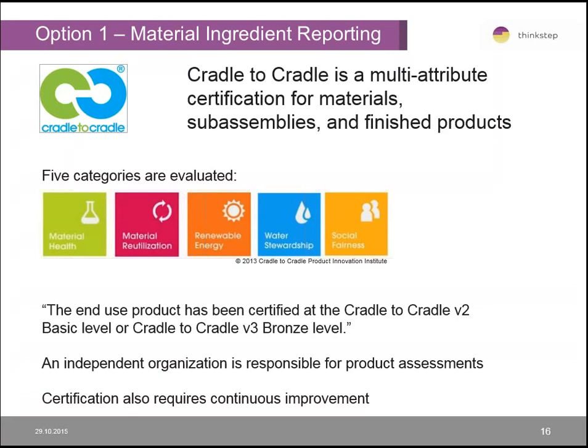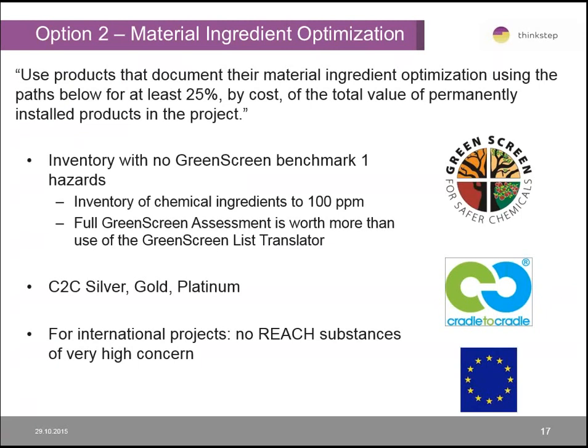So I just talked through 3 pathways to achieve the first option in this credit. The next slide is about optimization. So with option 2 in the credit, you have already done an inventory of your product's ingredients.